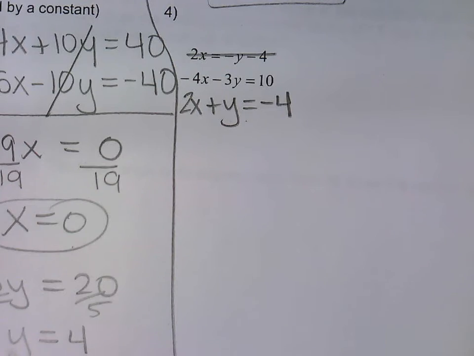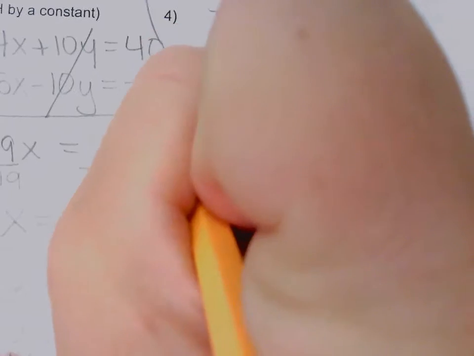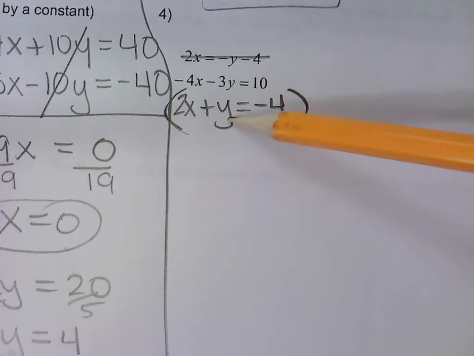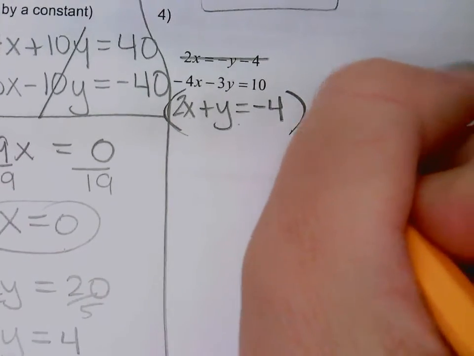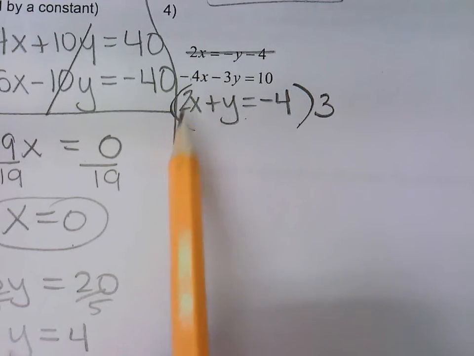Great. What would you multiply by then? If I have negative 3y, I want to multiply by 3 to get positive 3y. Your other choice, you could multiply by 2 and get rid of the x's.